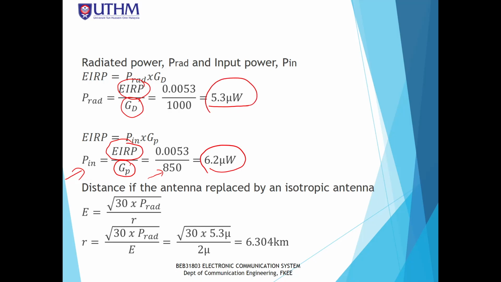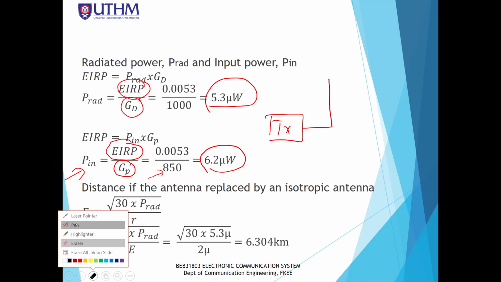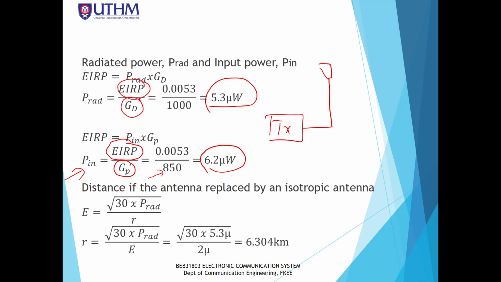So you see what the difference is. Here, this is the transmitter, for example, that goes to the antenna. Here is P in, and the power used to radiate is P radiation. You see that the input power is larger than the radiation power.